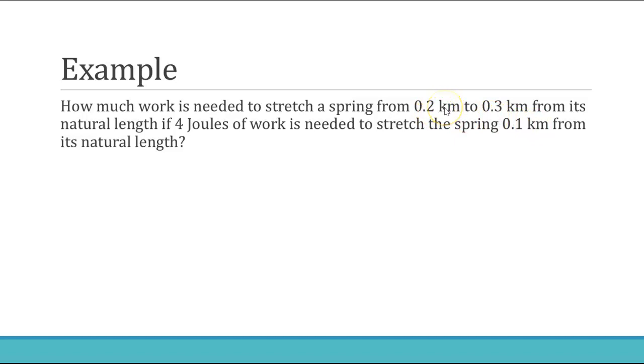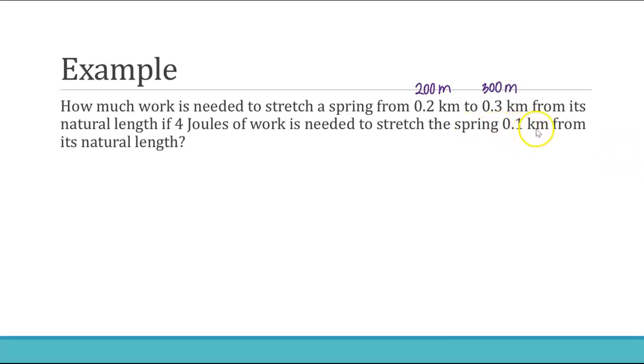To get from kilometers to meters, we're going to have to multiply by 1,000. And so we're going to need to move that decimal over 3 places to the right, so that 0.2 kilometers is going to end up being 200 meters, and 0.3 kilometers is 300 meters.